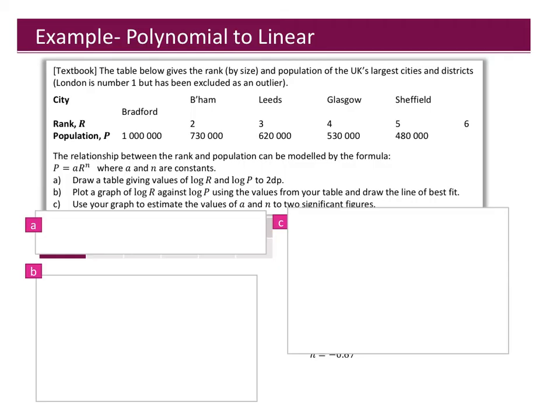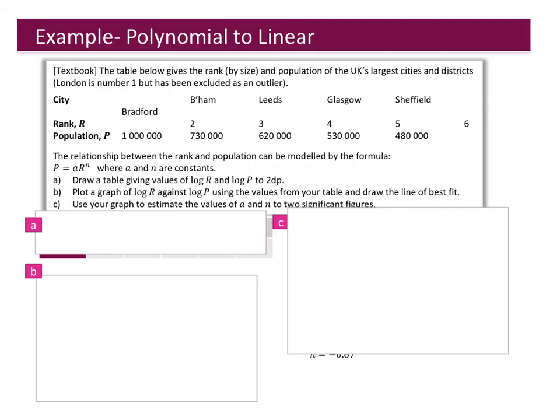If you think about the population, it's really huge, isn't it? So we just excluded it. What we have here is the city, the rank, and the population. The relationship between the rank and population can be modelled by the formula P equals A R to the power of n, where A and n are constants.